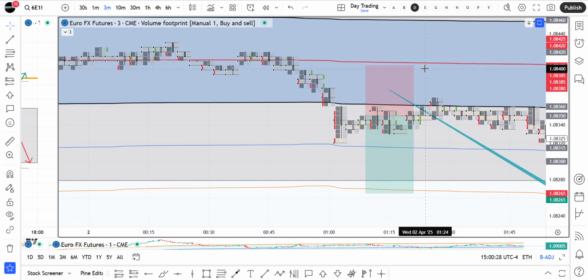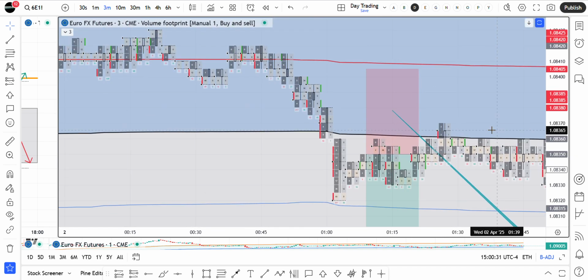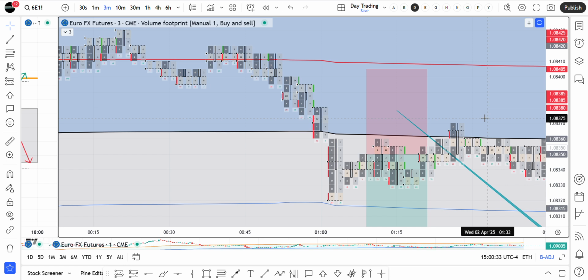Okay, so on footprint with Euro and with Pound futures, what I realize is that early in the morning, so that's like before 3 a.m., if you get a candle or footprint with more than 110 on either side, so it's 110 aggressive sellers or 110 aggressive buyers.